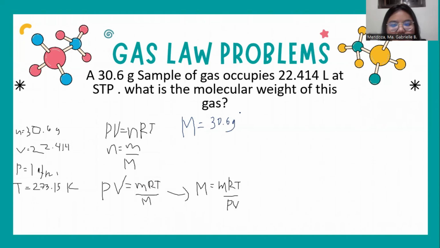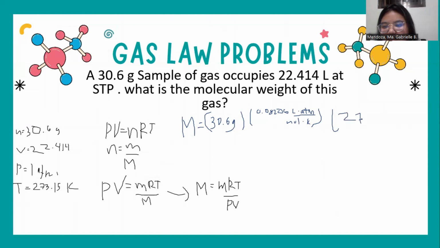Times mo kay R, which is may value ng 0.08206 L times ATM over mole K. And then temperature, standard temperature, so multiply mo yan by 273.15 K over PV.